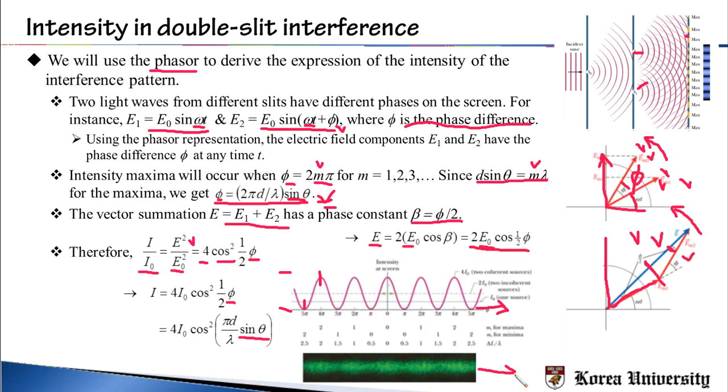So here this axis is like sine theta, which is nearly proportional to tangent theta as long as the angle is not very big. And then of course this is again proportional to the position on the screen. Okay, so what is important here is that the intensity of the light coming through this double slit will oscillate like a cosine square function, and this cosine square function will go on forever. However far away you go from the center, it will always have the cosine square function.